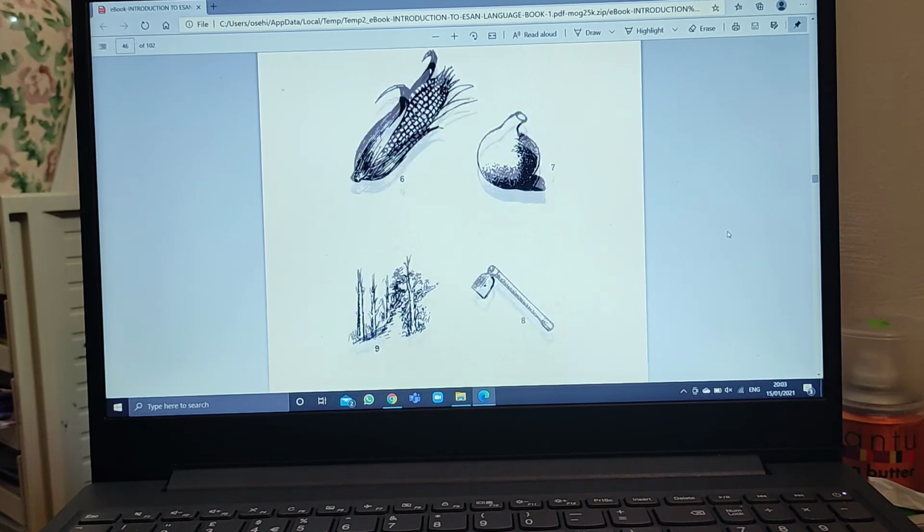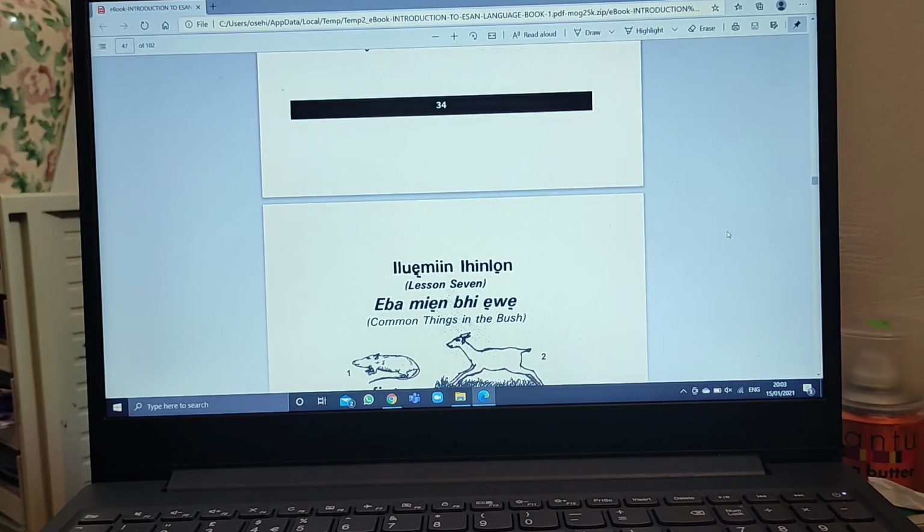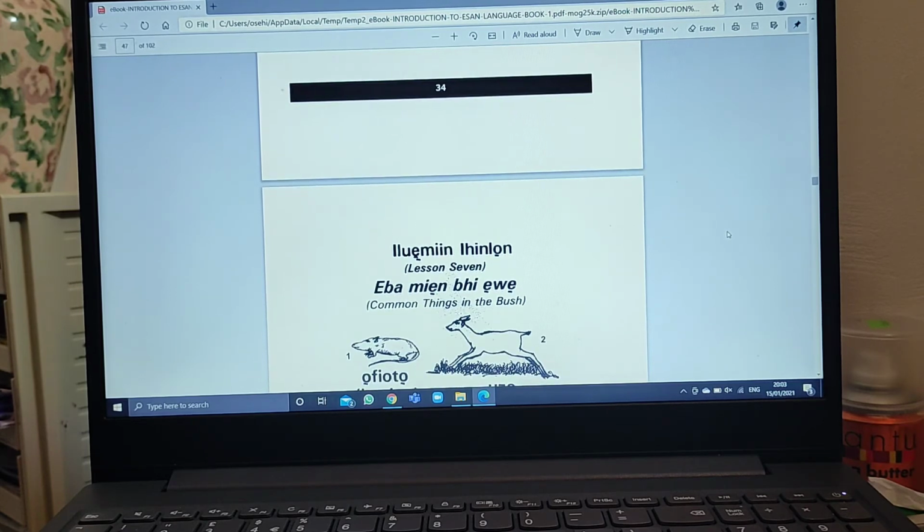So in the next lesson, in lesson 7, we will be doing common things in the bush. I hope you enjoyed those new words we have just learned of things that are found in public places or outside, and also the farm produce.